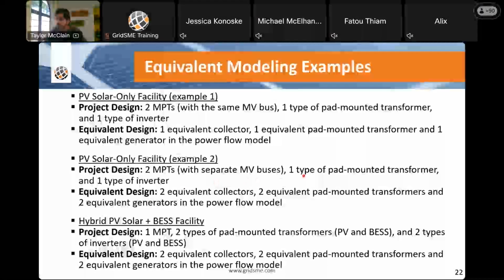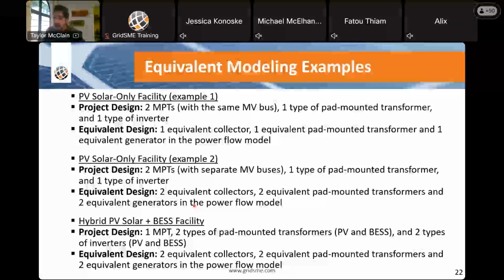It doesn't matter that there is only one type of pad-mounted transformer, because we are not going to equivalently model the main power transformers and they are on separate medium voltage buses. We then have to end up with two of each of the equivalent components.